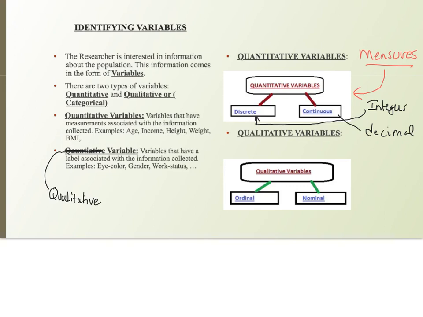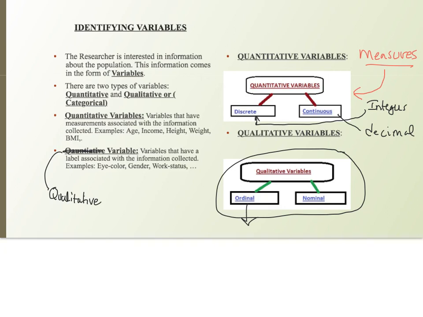Qualitative variables, or categorical variables, have a label associated with the information collected. Examples are eye color, gender, work status. And qualitative variables come also in two forms. One is ordinal and one is nominal. Ordinal has a hierarchy to it.